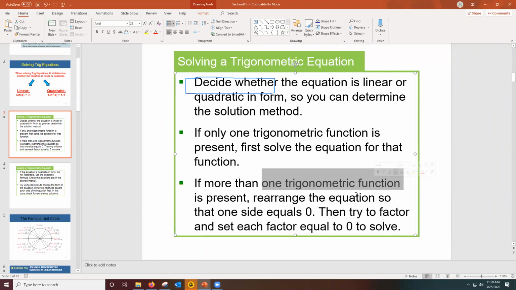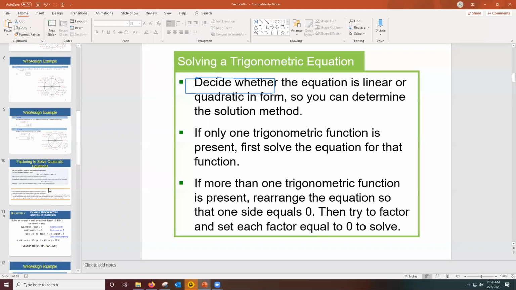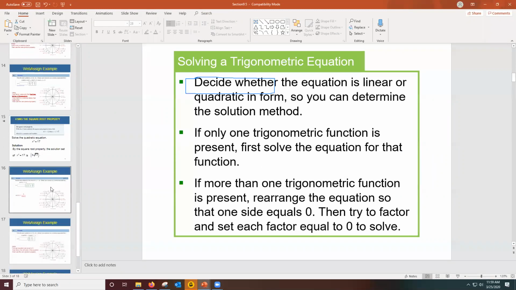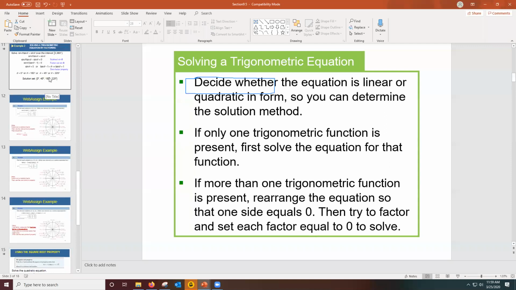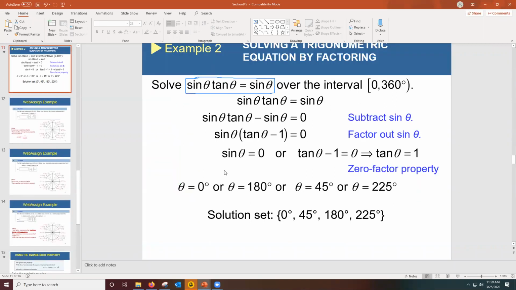We had a sine and a tangent. So let's go back there, because the instructions said get the equation set equal to 0 as the first step. So what I'm going to do for that is subtract sine theta from both sides in order to get the equation set equal to 0.